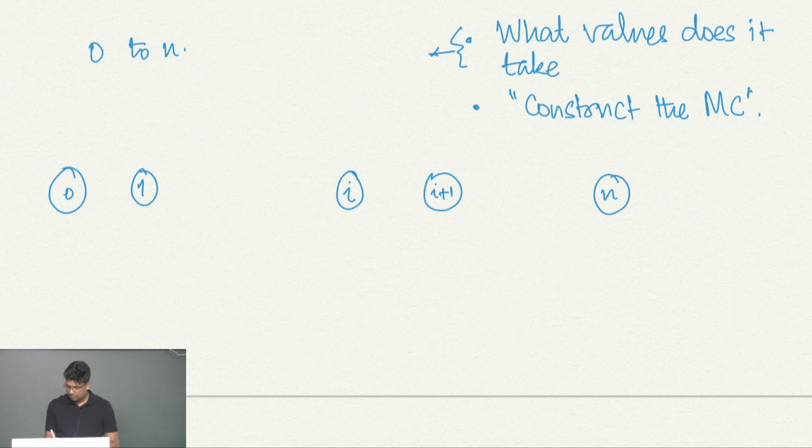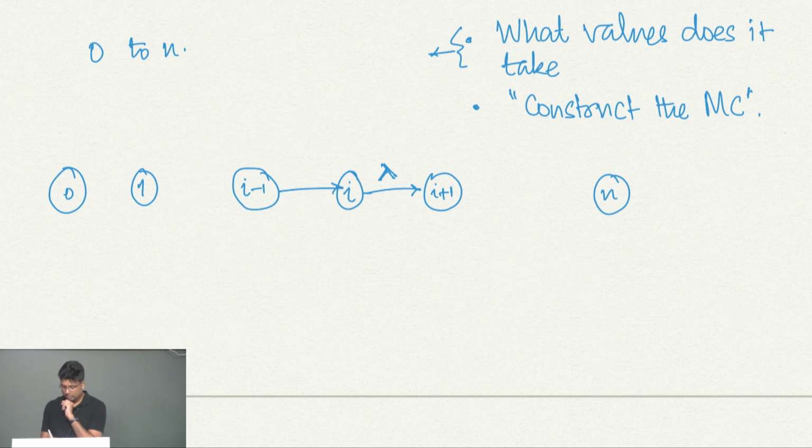As long as i is strictly less than n, I have a probability of adding a customer. Lambda is the probability of adding a customer, right?